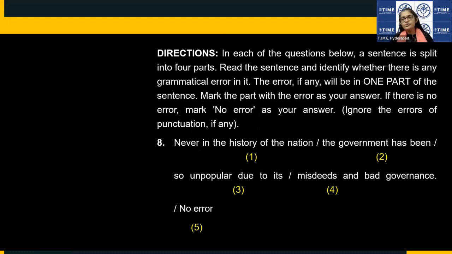If you do, then you will spot the error immediately. Never in the history of the nation, with this kind of construction which starts with never, you need to use the device called inversion. Instead of the government has been, you use has the government been.